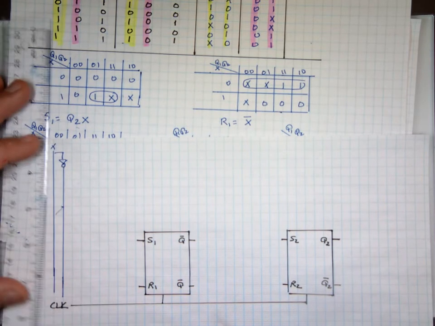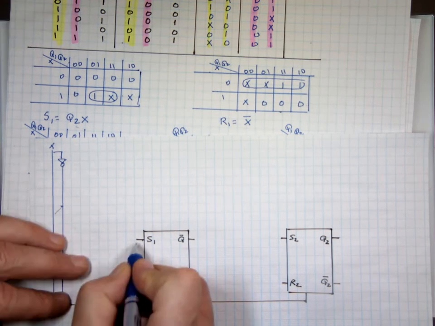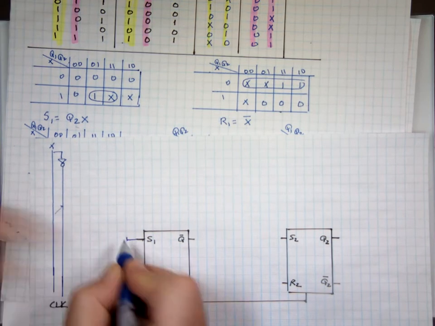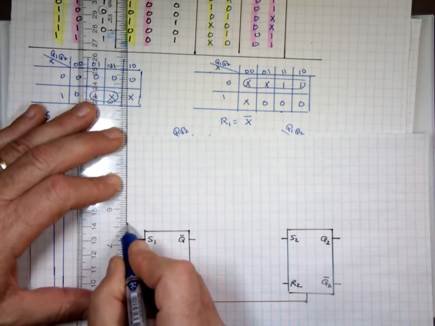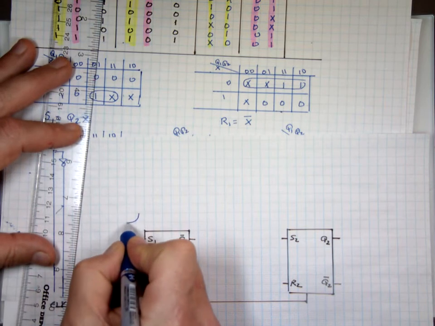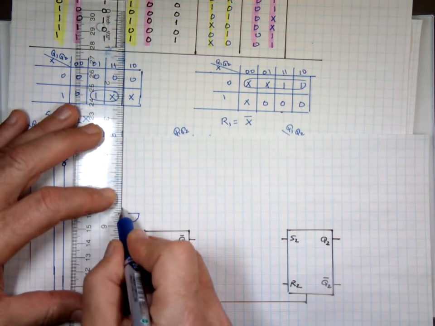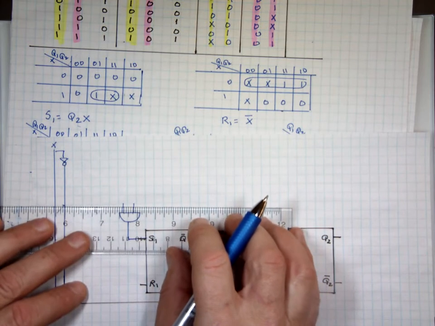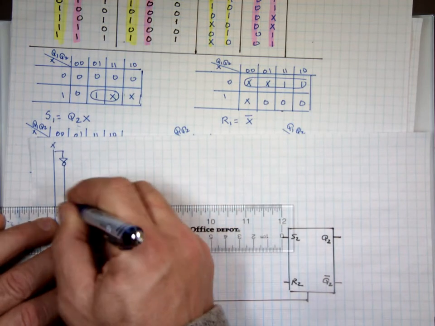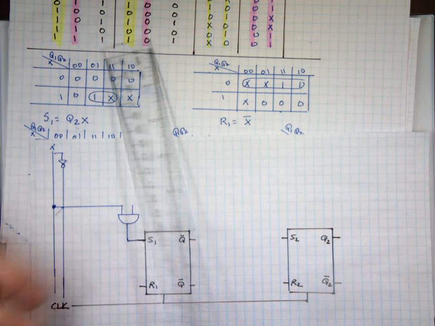Okay, what is going to S1? Q2 and X. It's an AND gate. Q2 and X. This is X, attached to X and attached to where? Q2.